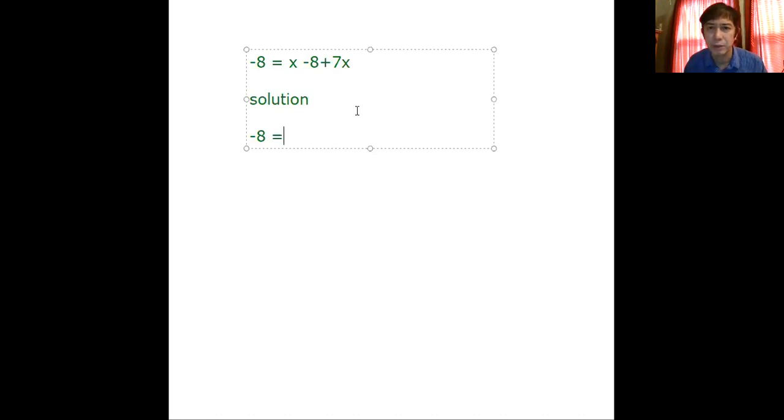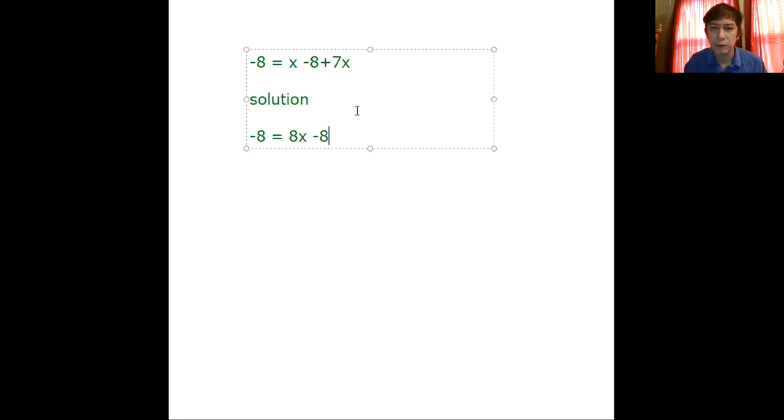So that should be about 8x. And we still have the negative 8. And then we will now isolate the x term by addition property. Now, addition property will allow us to eliminate the negative 8 at the right side.